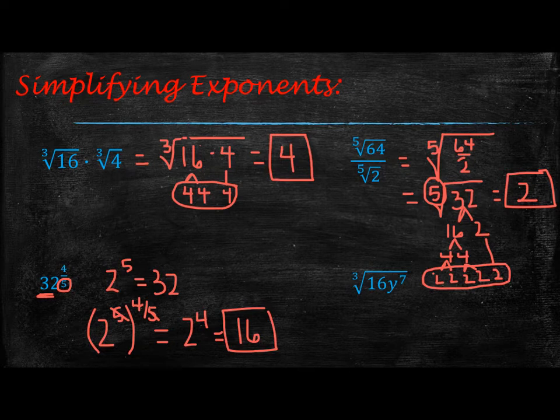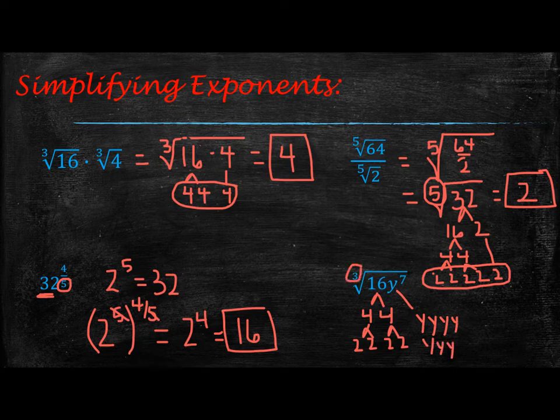Okay, let's look at the next one. The cube root of 16 y to the 7th. Let's break down 16. 16 is 4 times 4, then 4 breaks down into 2 times 2, and another 4 is 2 times 2. When you have y to the 7th, you have y, y, y, y, y, y, y. If we've got a cube root, we're looking for a group of 3.